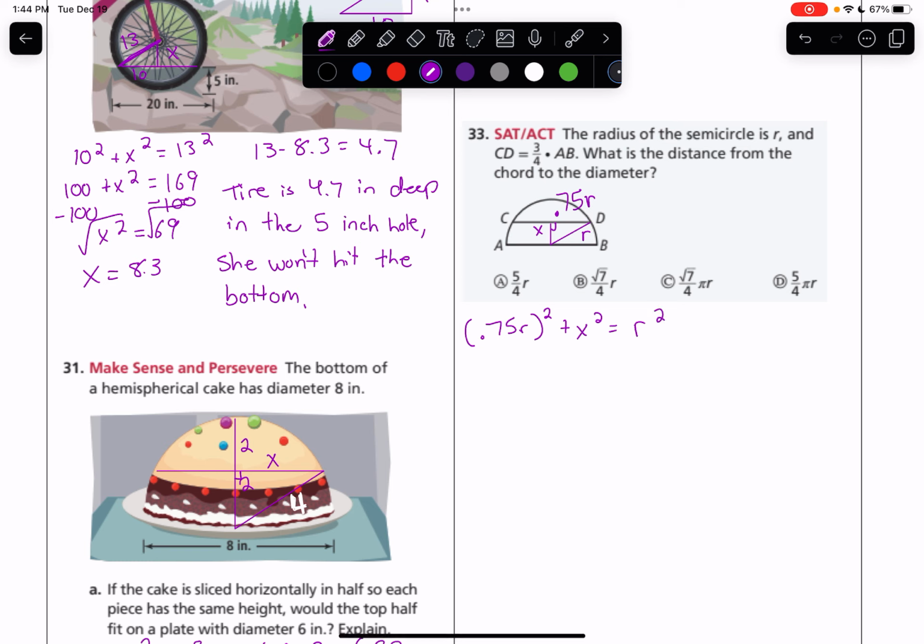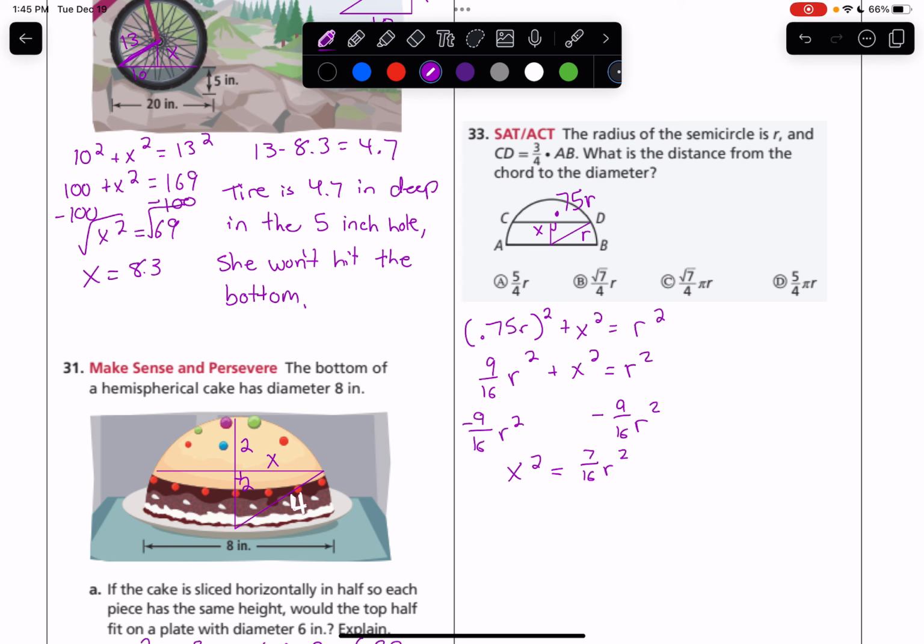0.75 R squared is going to be, let's see, I have it as a fraction, 9/16. Okay, why not? So I have 9/16 R squared plus X squared equals R squared. We'll subtract 9/16 R squared from each side. Oh, because I need it in a fraction. Minus 9/16 R squared. That's going to give me X squared equals 7/16 R squared. This is just algebra at this point.